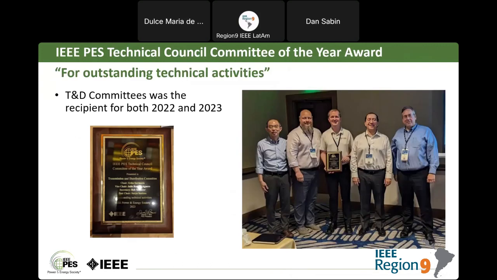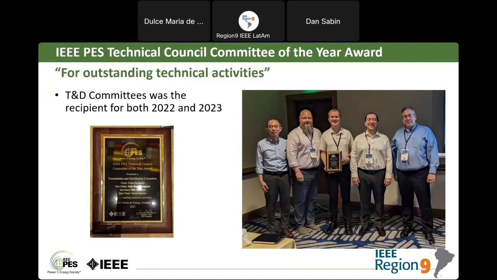So it won the outstanding standard or guide. Another award, this is actually not given by the award committee, but I thought I would mention it right here, is that the T&D committee has actually been recognized 2 years in a row by the IEEE PES Technical Council as the Technical Council Committee of the Year.